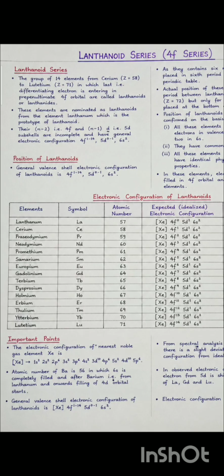Electronic configuration of lanthanoids. Lanthanum, symbol La, atomic number 57, and general electronic configuration is 4f0, 5d1, 6s2. And after lanthanum next: cerium, praseodymium, neodymium, promethium, samarium, europium, gadolinium, terbium, dysprosium, holmium, erbium, thulium, ytterbium, lutetium.